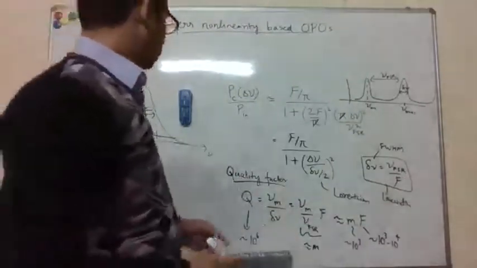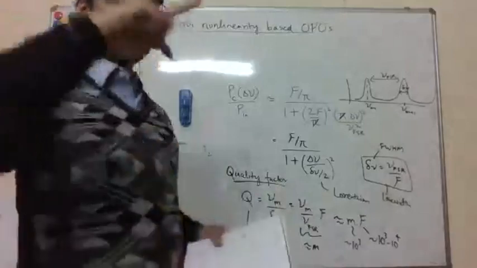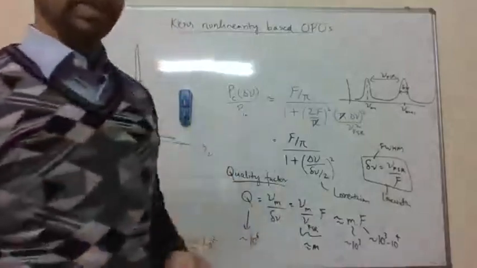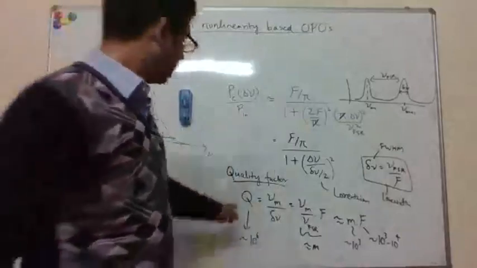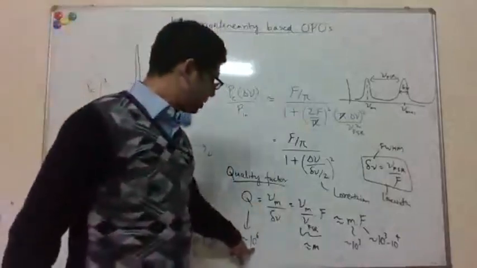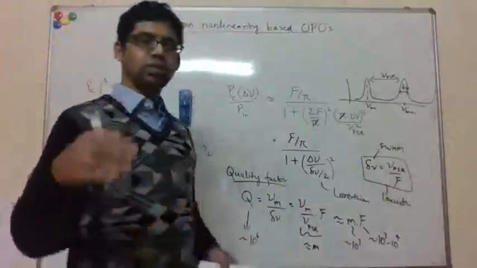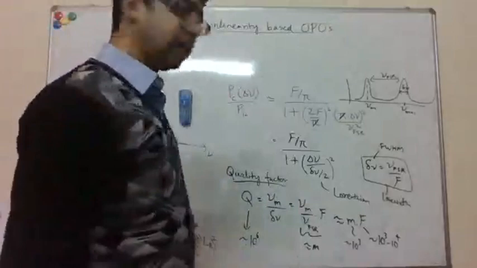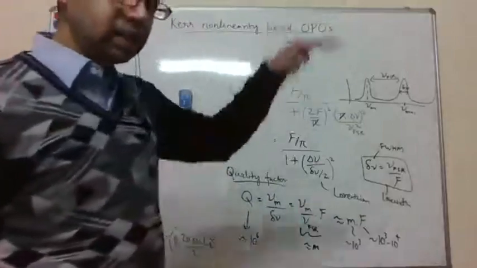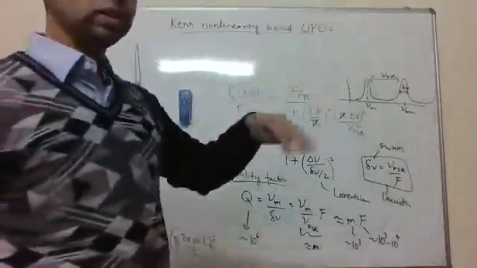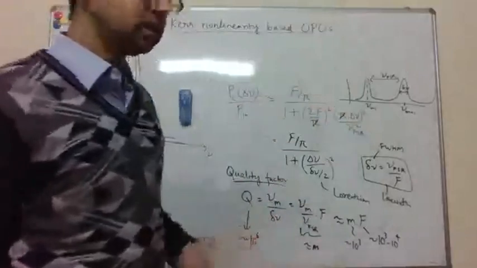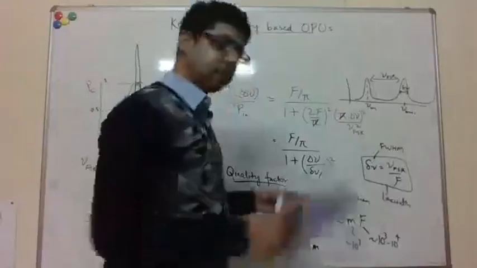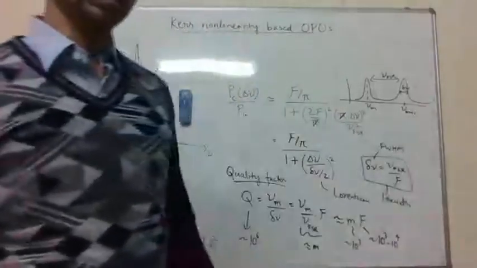Q basically measures how many cycles of the electromagnetic wave the photon stays in the cavity before leaking out. So if it stays for 1,000,000 cycles, then with some frequency omega, the time period of the electromagnetic oscillation is 2 pi by omega, and times 10 to the 6 is how long the photon stays.